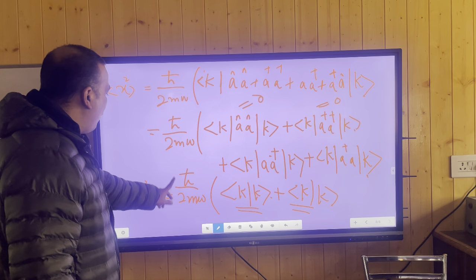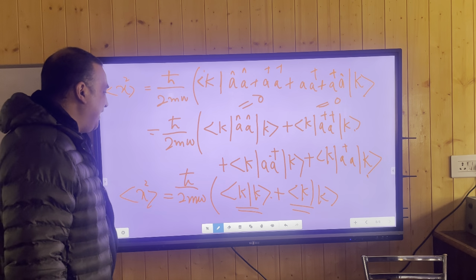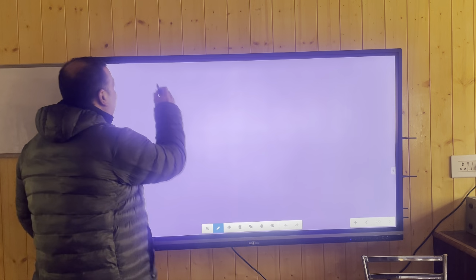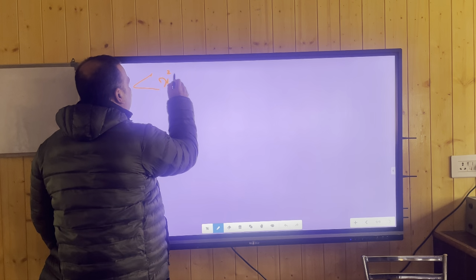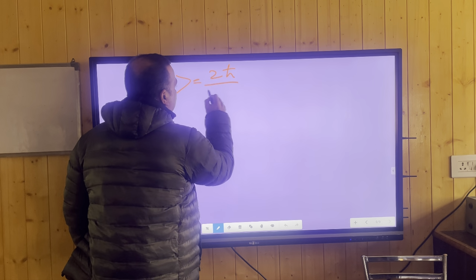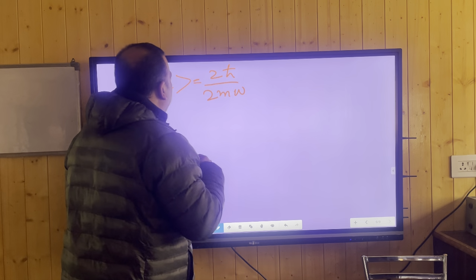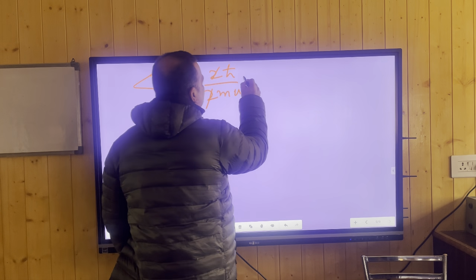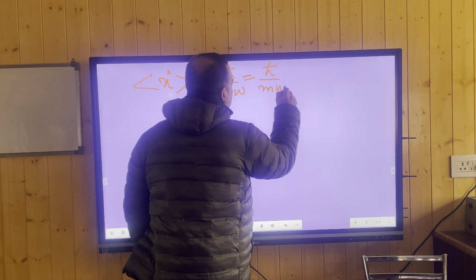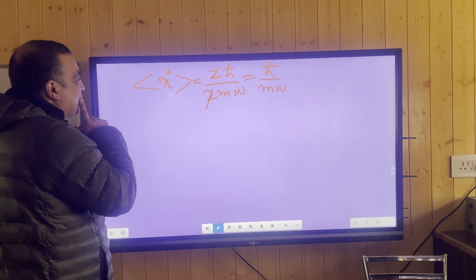So we will have twice h bar by 2m omega. So we should write down this result here. X cap will be twice h bar by 2m omega. All right? And this 2 and 2 will cancel, and you'll be left with h bar by m omega. So this is our result for x cap.